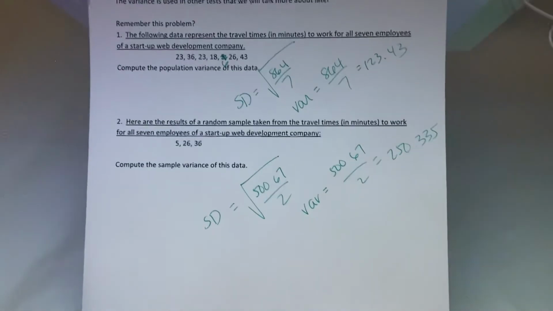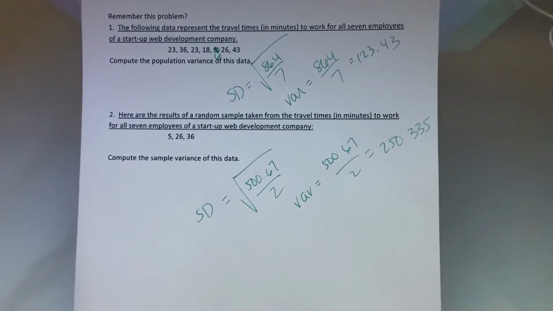If you want to round it, you can. So variance is easy once you have standard deviation. Variance is used in tests that we talk more about later. For now though, you just need to know how to calculate it if it comes up on the homework.